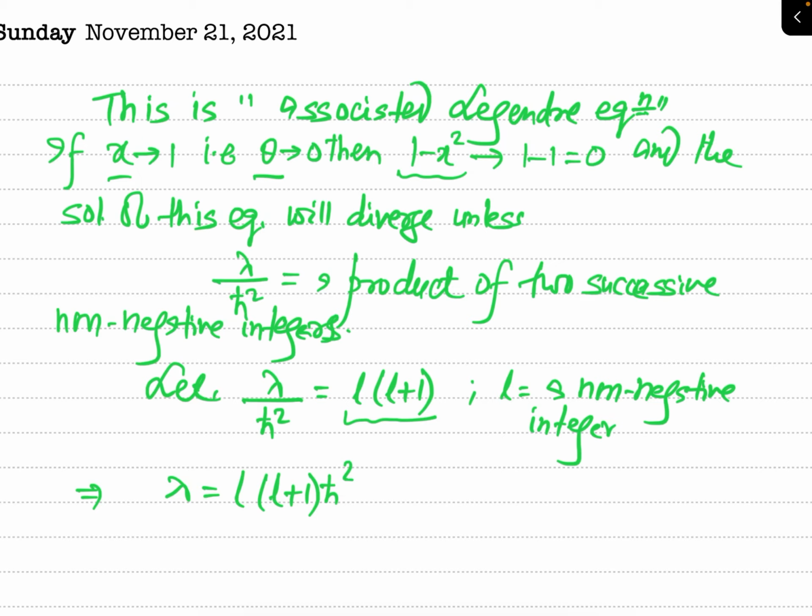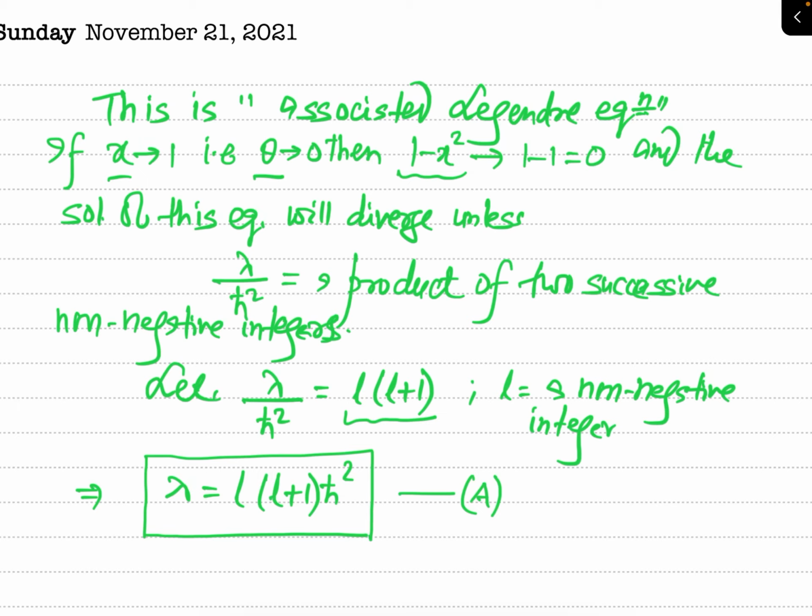And as you know, lambda is the eigenvalue of the operator L square. So we have obtained the eigenvalue of the operator L square, and this is a very important result and you should remember it.